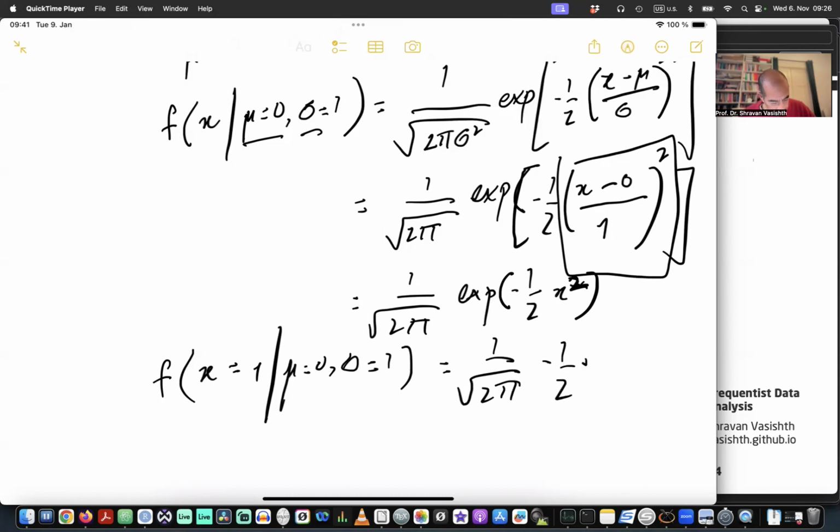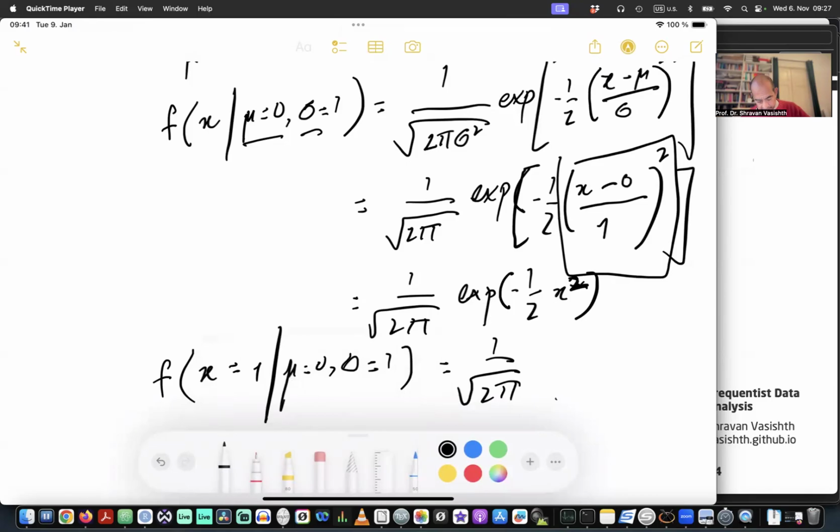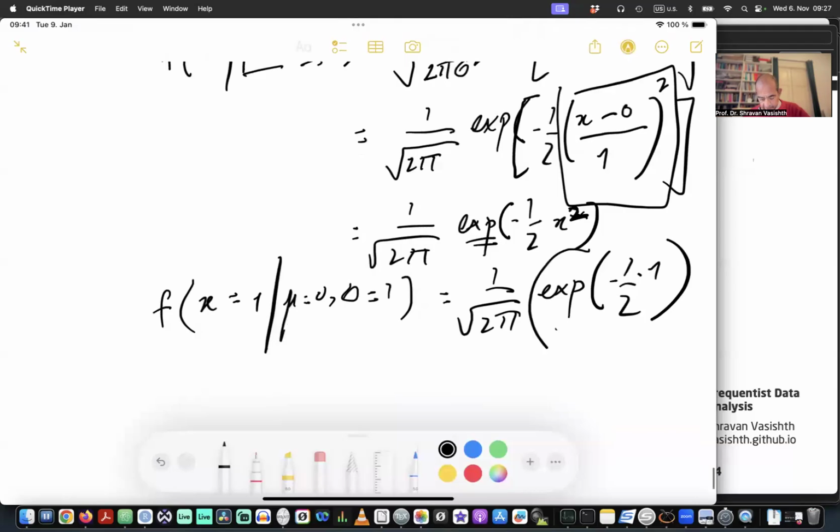Let me just fix this. Right, so I still need the exponential term here. So exponent negative half, and what was x? X is 1.